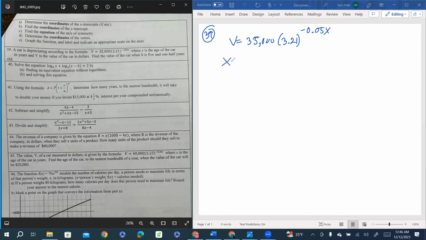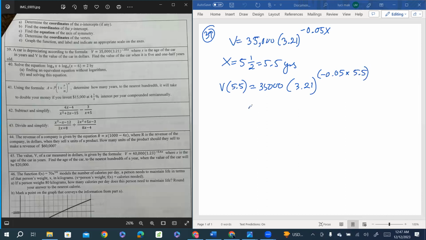So we know x is equal to 5.5. Let's find the value. V of 5.5 equals 35,000 times 3.21 to the power of negative 0.05 times 5.5.